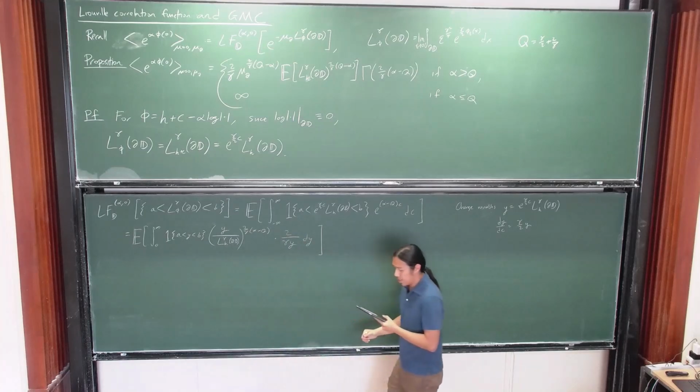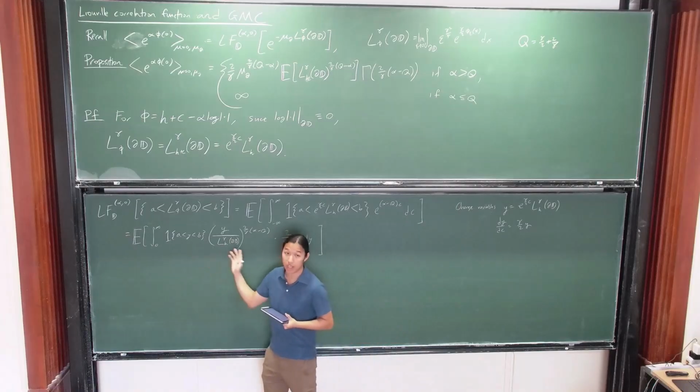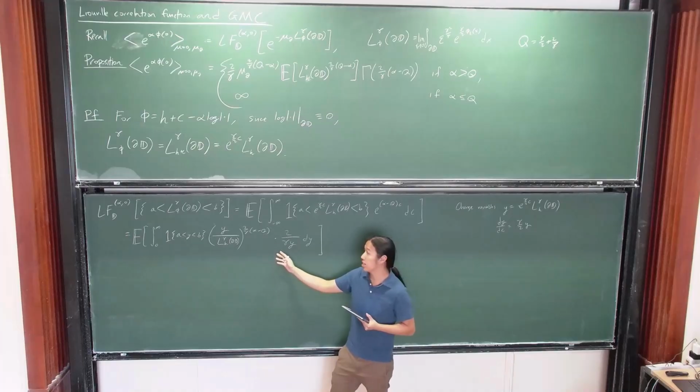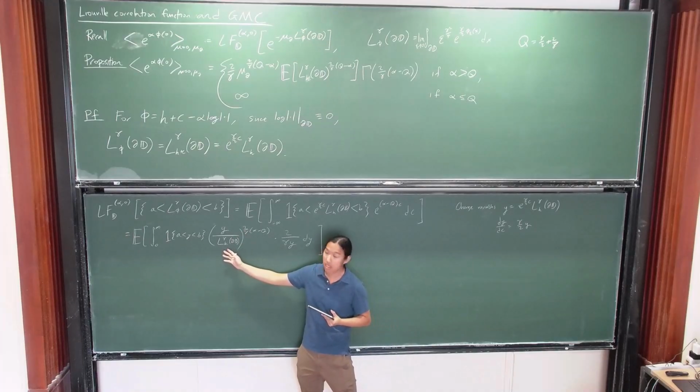And now we simply exchange the role of the expected value and the integral against y. Because if you look at this quantity inside, it factorizes. This is the power of y times some power of the GMC.